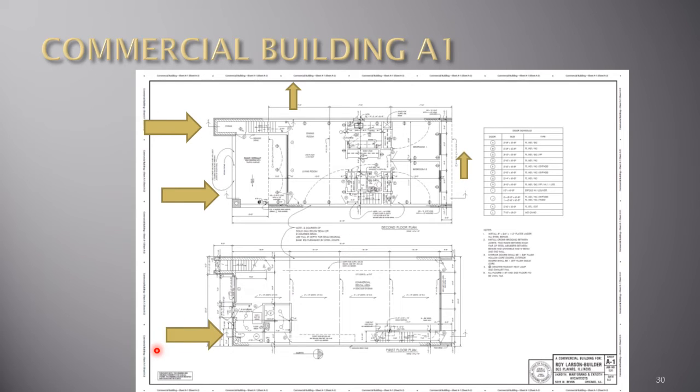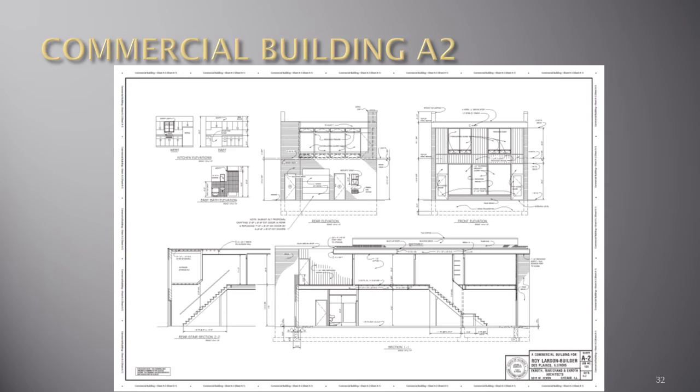Notice that down here is also a cutting plane number 1. So if we now turn to sheet A2 of the commercial building, we will see rear section, stair section 2-2 and section 1-1. Notice it includes both the first and the second floor.